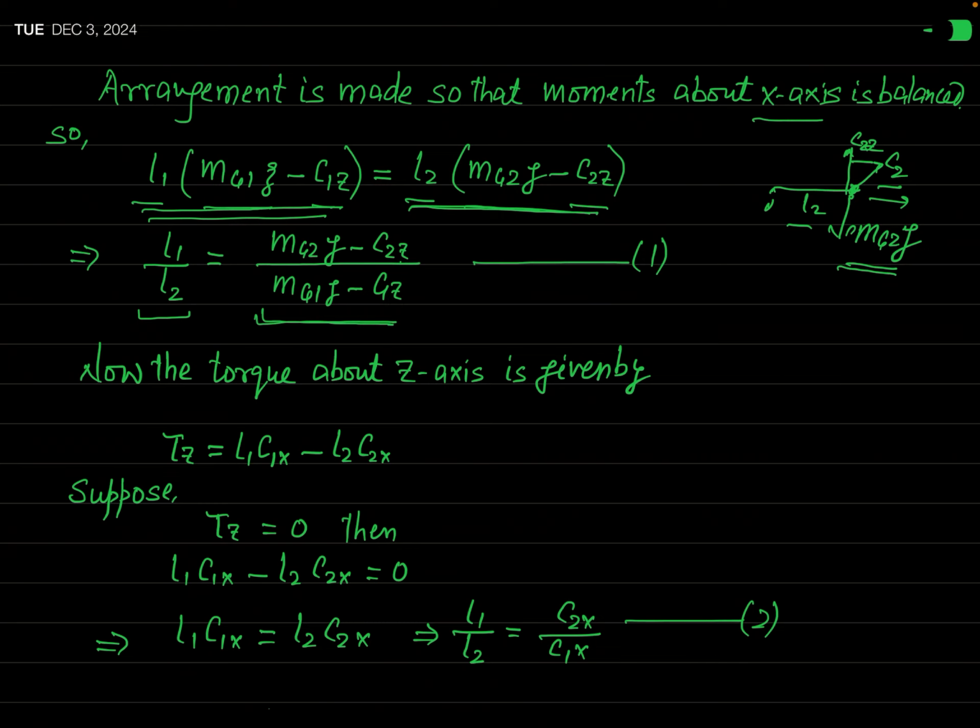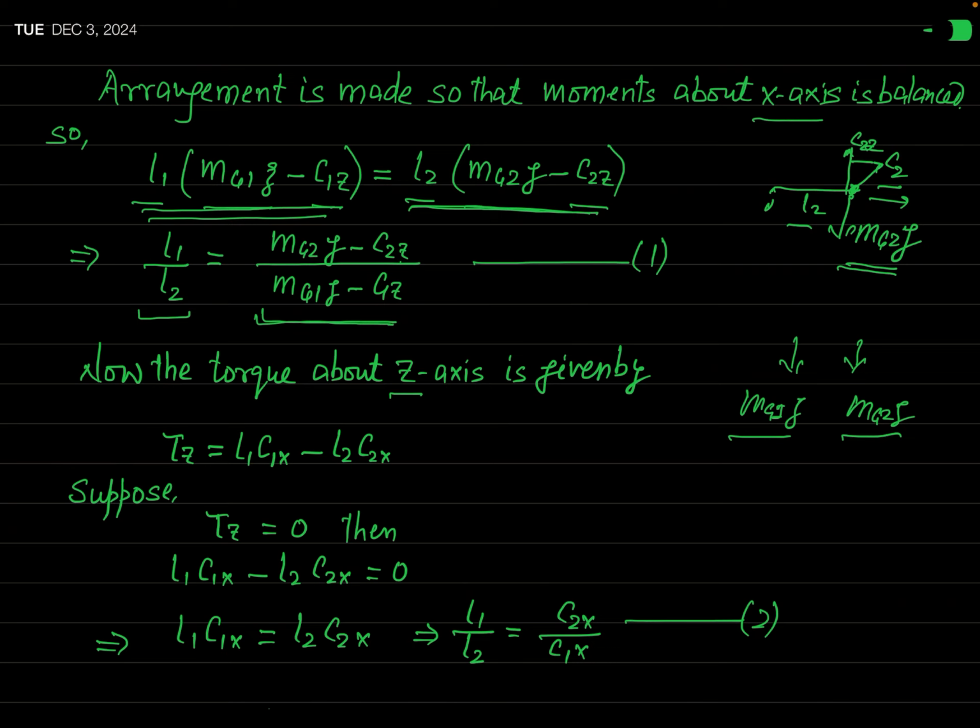Now we will try to find the torque about the z-axis. As you know, mg1 times g and mg2 times g are both acting along the z-axis. So the torque due to these forces of gravity about the z-axis will be 0.